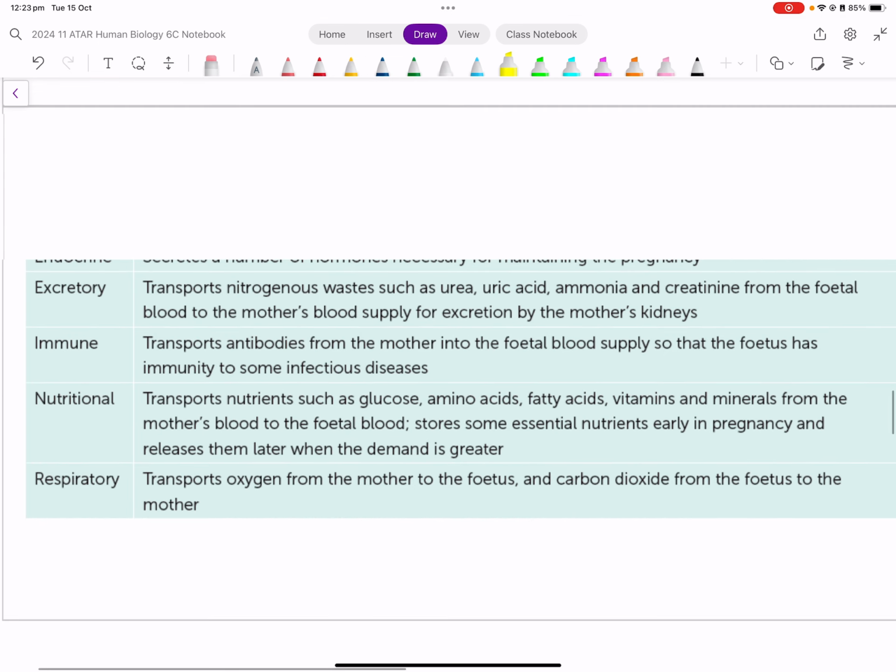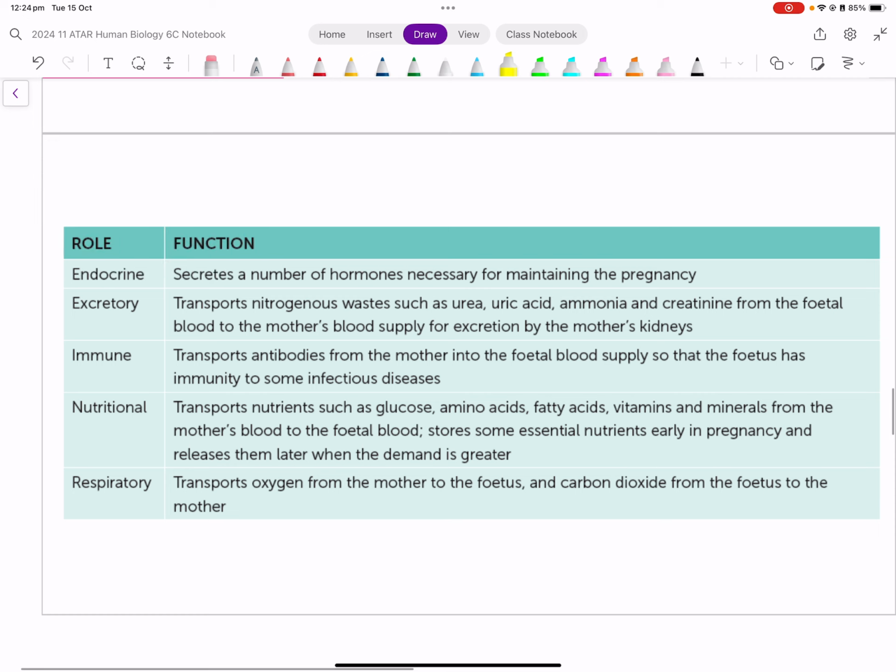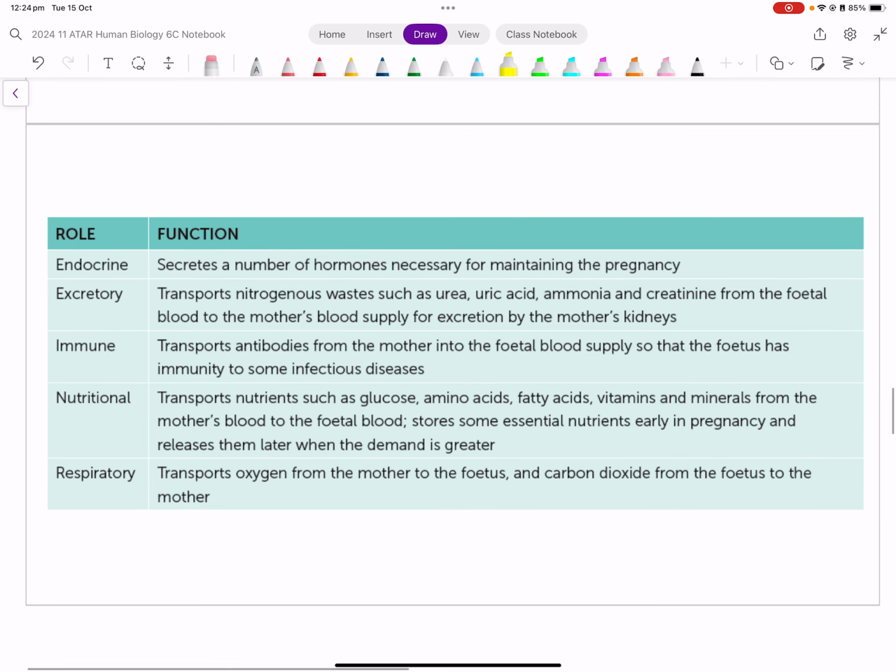So when we look at what those 5 functions were, there we go, popped in. Firstly, endocrine, so that hormonal supply to the fetus, and also to the mother to help the development. Number 2, excretory, so getting rid of waste products. Number 3, immune, so provision of antibodies from the mother to the developing fetus.